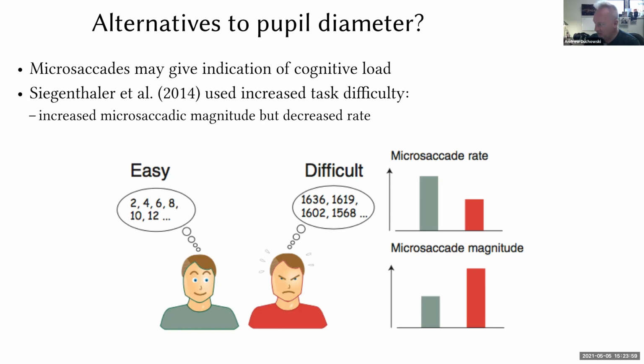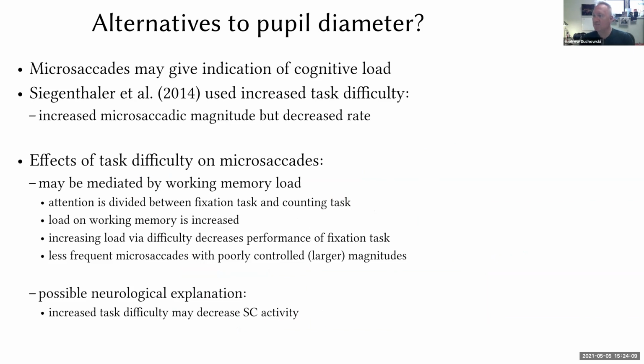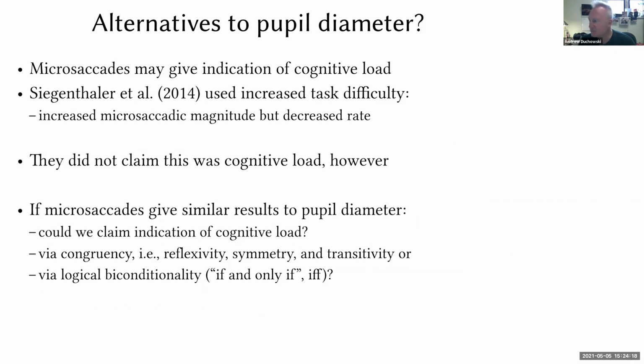So you're going to decrease the number of microsaccades that you can issue. They slow down, but you get bigger ones, which try to correct fixation location. I'm going to skip this slide, but this is what they basically found, and it has to do with superior colliculus activity.